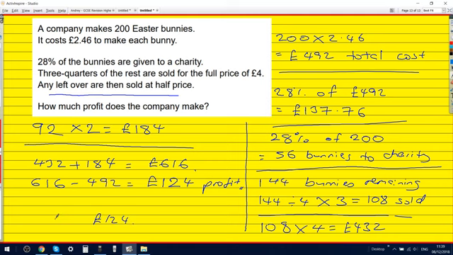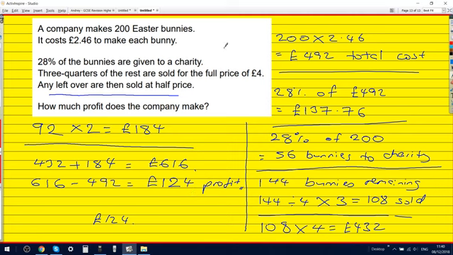If you're not sure about what it's asking for, just actually work out the thing it's talking about. Because if they had just given you the numbers, like they sell some for a total of 432, they sell the rest for 184, they cost 492, you'd be able to put it all together.